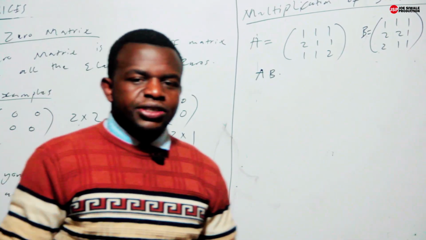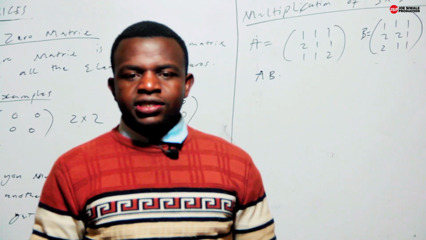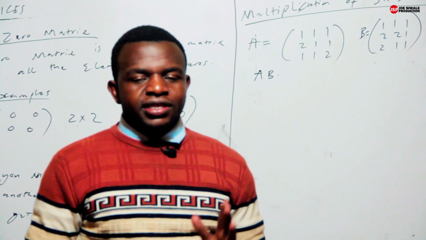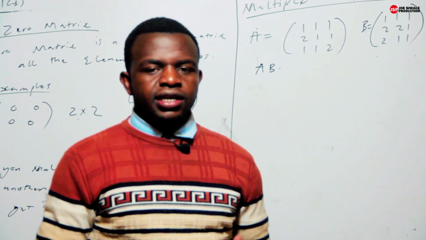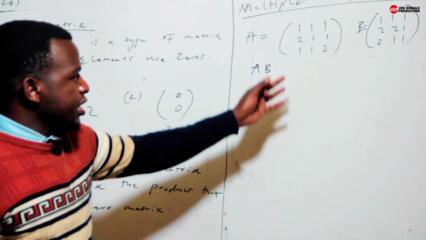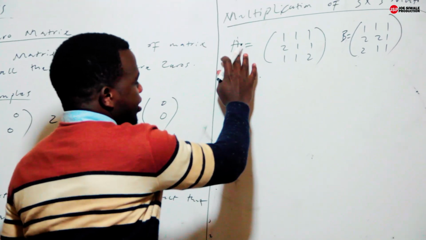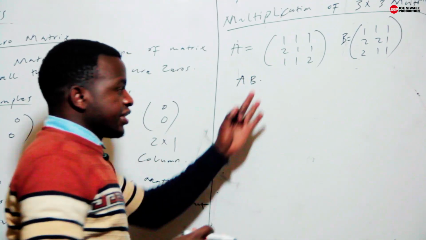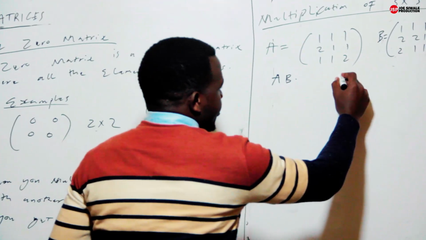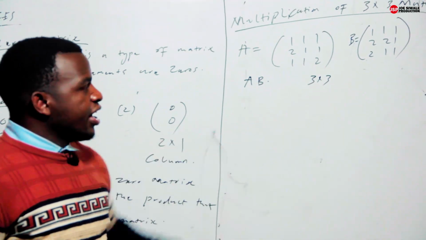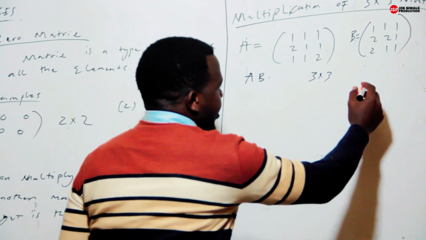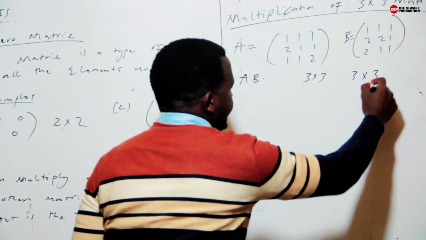And I actually said that you can only multiply two matrices when the number of columns in the first matrix is equal to the number of rows in the second matrix. So as you can see, the order of matrix A, our first matrix, is a 3 by 3 matrix, and the order of our second matrix B is also a 3 by 3 matrix.